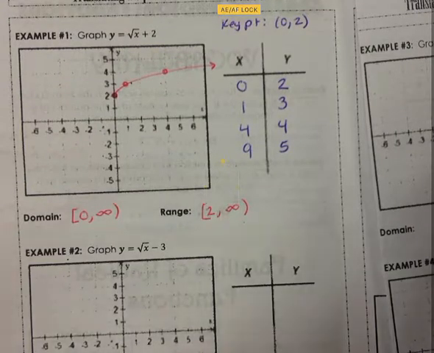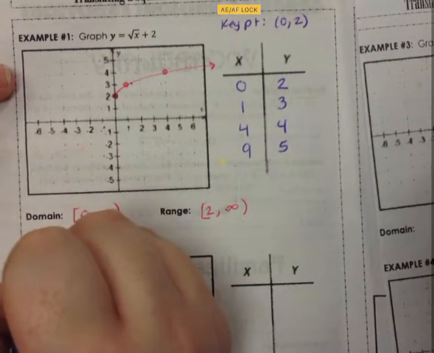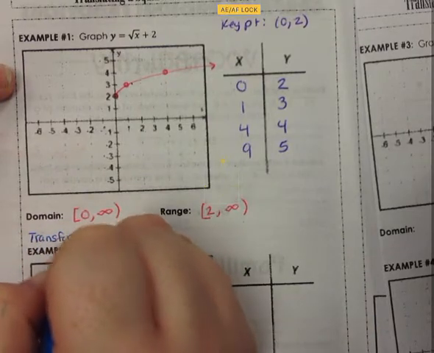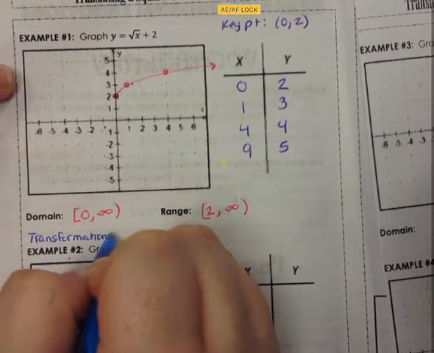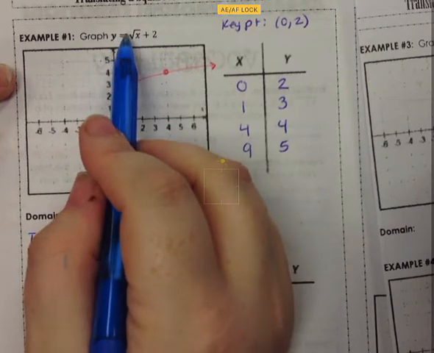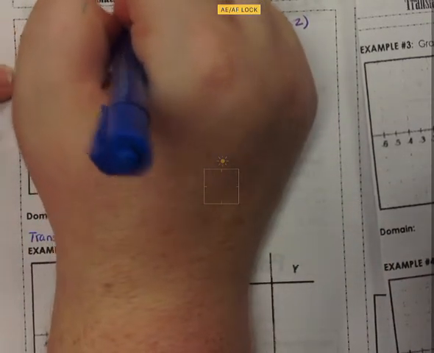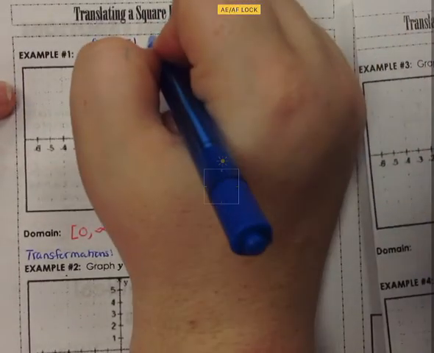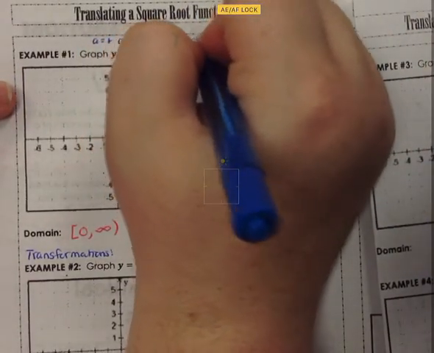So the transformations, we always want to make sure we know the transformations. Since a is positive, a equals 1, h equals 0, and k equals 2.